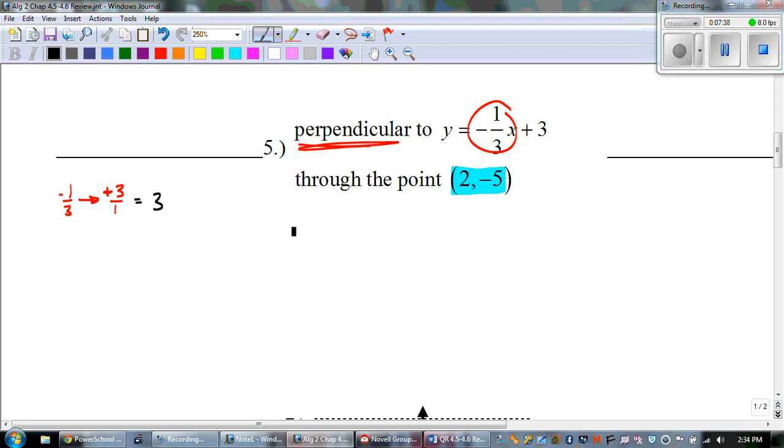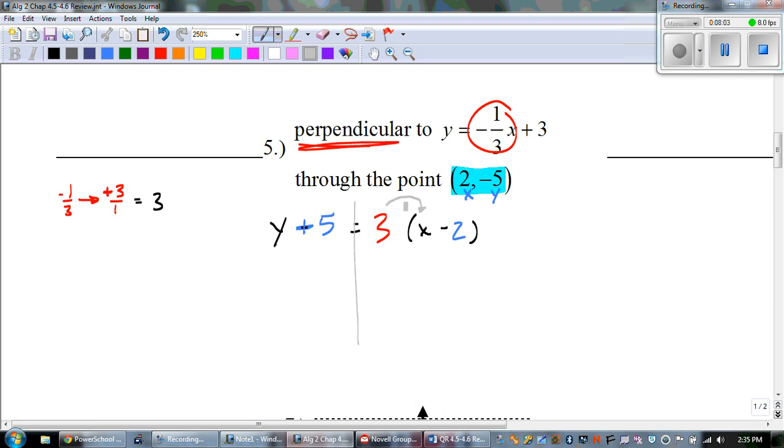Okay, so that's our slope. Our slope is 3. And now we plug into point slope. So our slope is 3. And now we're going to plug in 2, -5. -5 turns that to a +5. And then we have x minus 2.